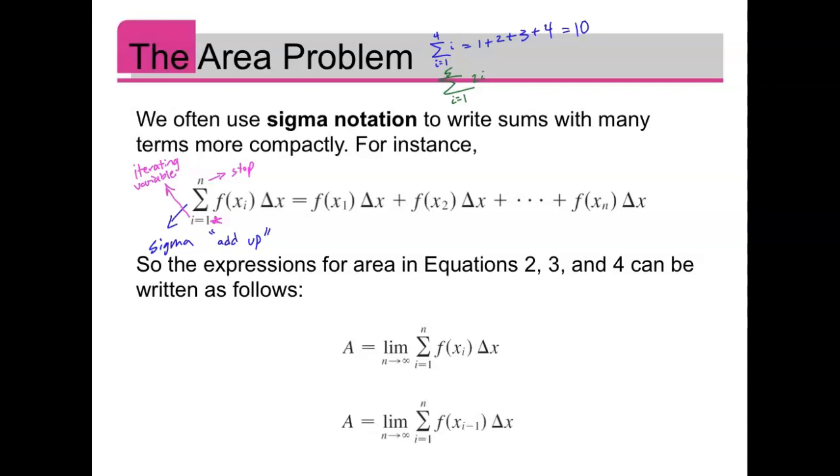So when I plug in i equals 1, what's the first term? 2. Iterate, plug in i equals 2, what's the second term? Plus 4. Plug in i equals 3, we get 2 times 3, which is 6, plus 8, and then plug in 5, we get 10, and then we would stop. Does that make sense?